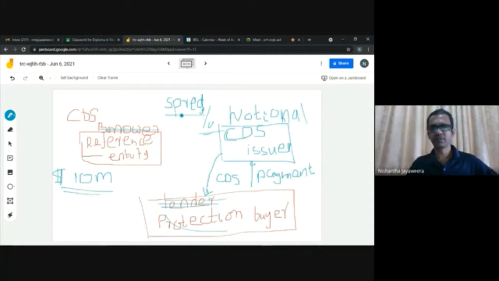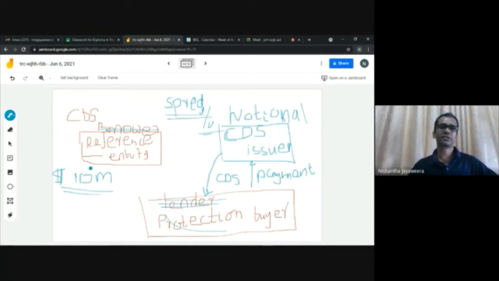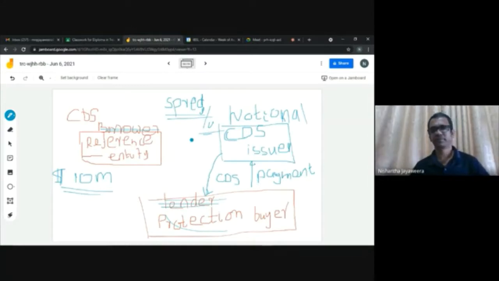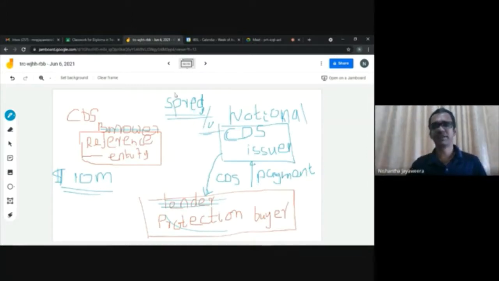The premium is quoted as a percentage of the notional amount. We call it the spread. So if the spread increases, what does it mean? If this spread increases, that means the premium that you have to pay increases. What does it mean?